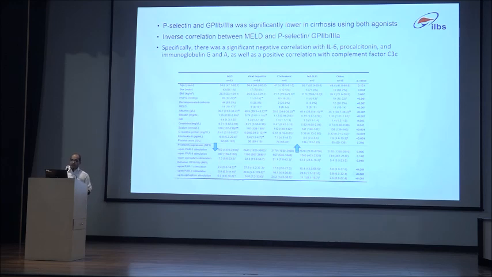Now, the initial summary of the findings is that these activated molecules were significantly lower in cirrhosis by both agonists as compared to control, meaning the healthy patients had more. And there was also an inverse correlation with liver disease severity. It means when the disease progresses, the platelet activation also goes down.